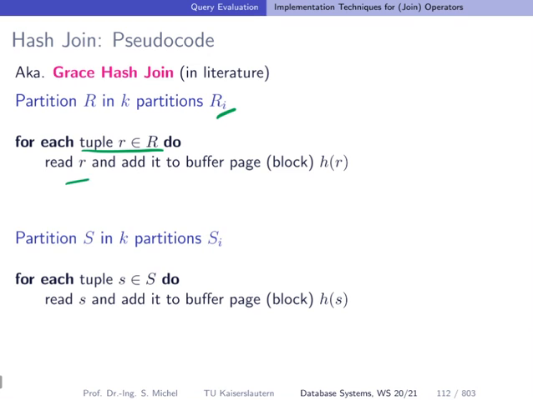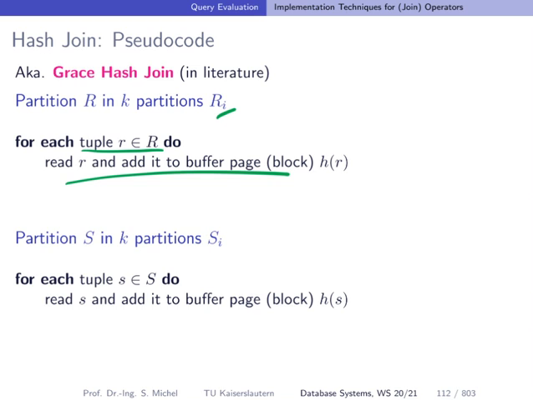We hash each tuple according to the join attribute, and then we put it into a buffer page, a block. We have one buffer block per hash value output, and then in the end we can write these individual partitions to disk.